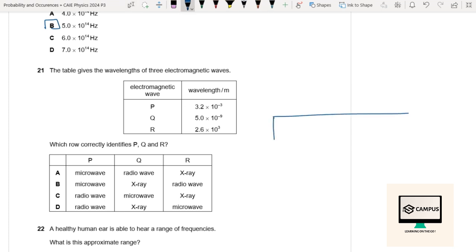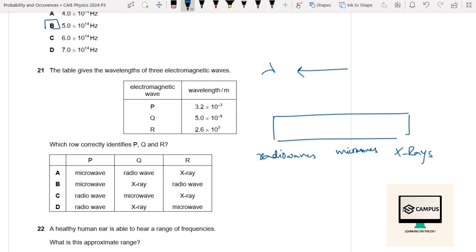If we arrange it with respect to wavelength this time, on the very left side we would find the radio waves with the highest wavelengths. The increasing direction is this one. And on the right hand side we would find the X-rays with the lowest wavelengths and very high frequencies. There would be gamma rays and all that, but we are just considering these three. And somewhere in the middle or closer to the X-rays would be microwaves.